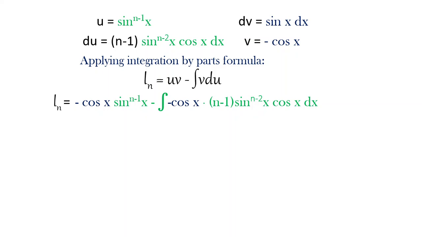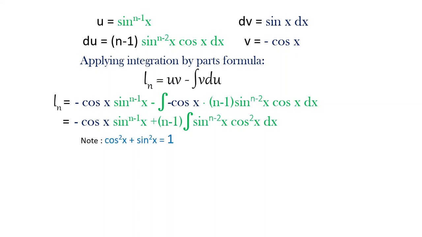Then we rearrange and organize a little bit on the right side, so we get something like that. Now we can see that we have cos squared x inside our integral on the right side of the equation, so we need to replace that.